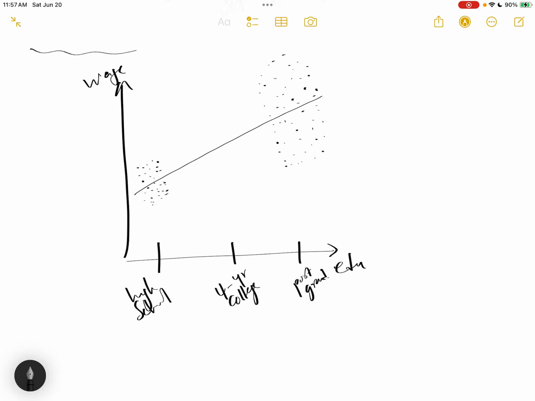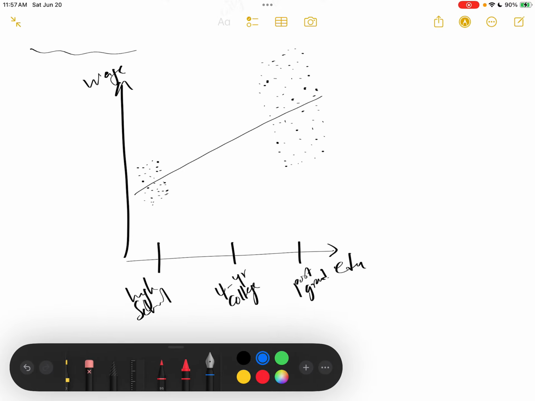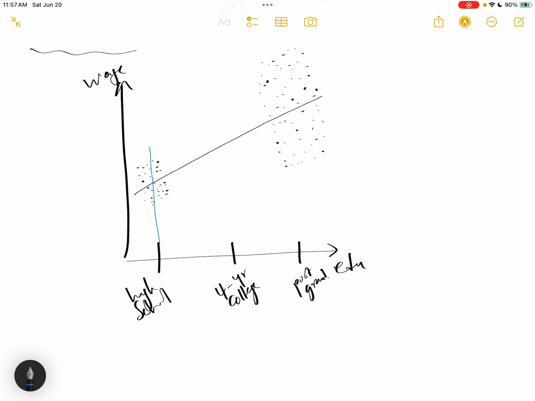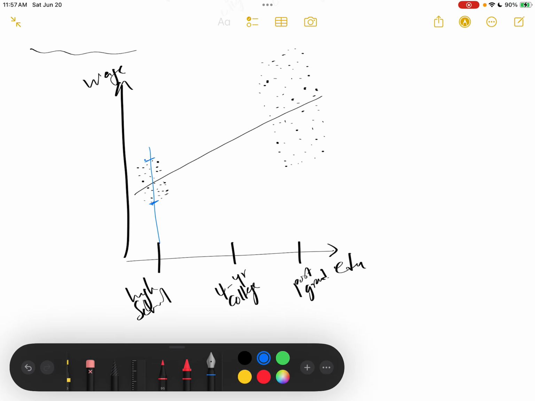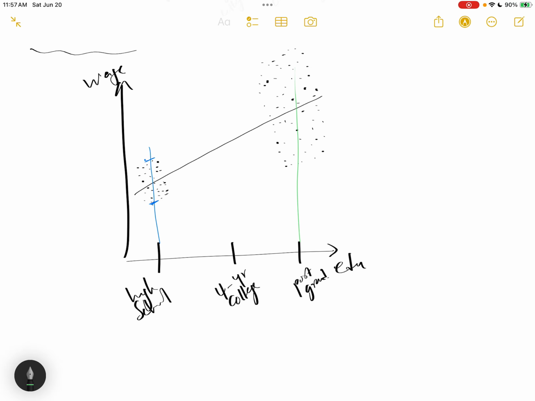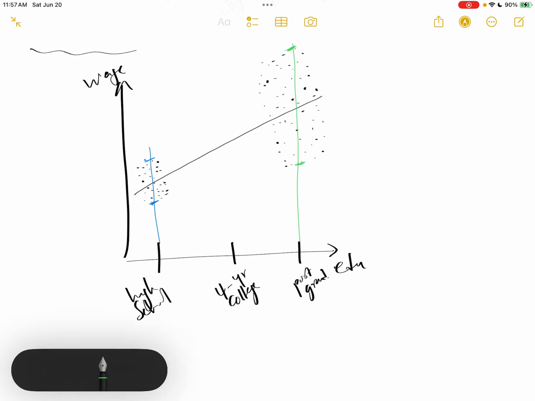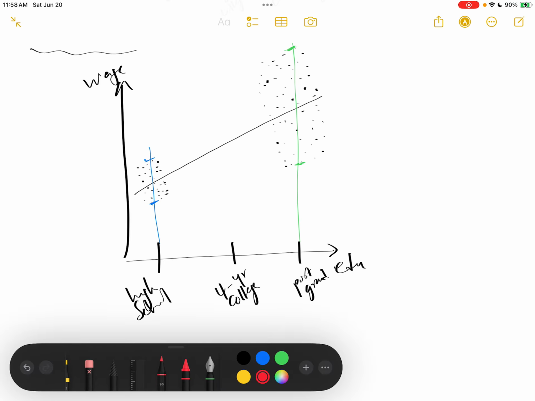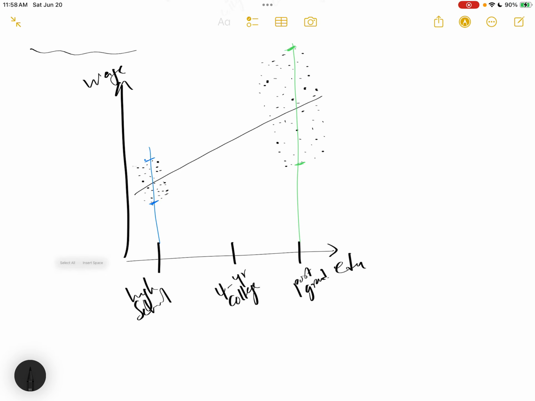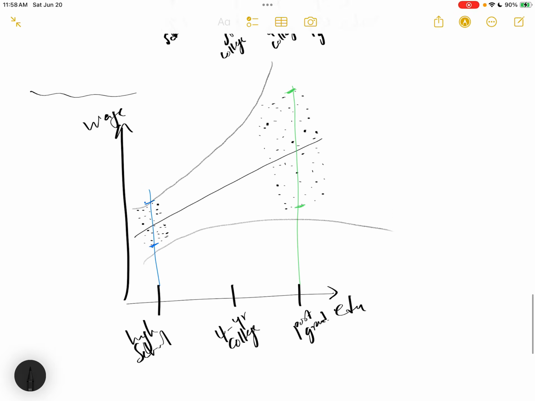And so you can see that at lower levels of education, that's the variation in wage, right? Okay. Now, at higher levels of education, do you see there's a wider variation in wage? There's a wider spreading out of the data points at higher levels of education. Yeah. So therefore, we are noticing a fanning out of the data points.